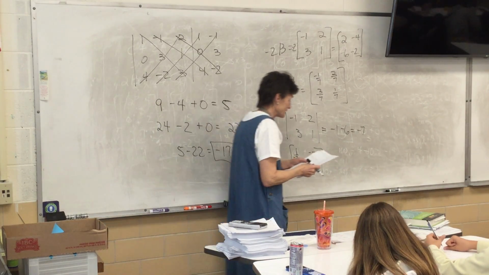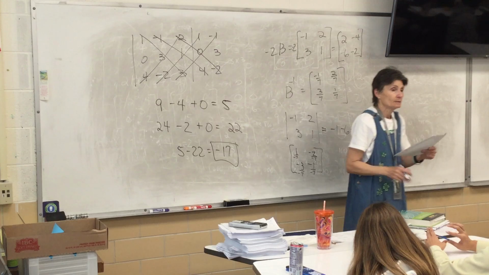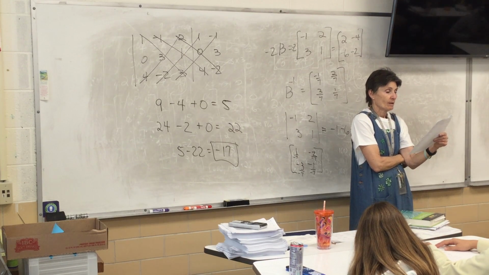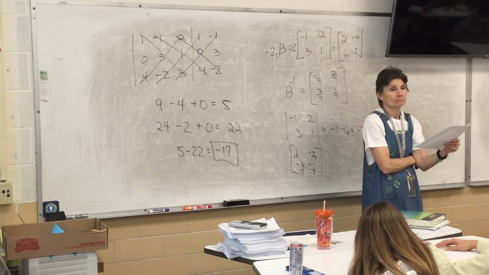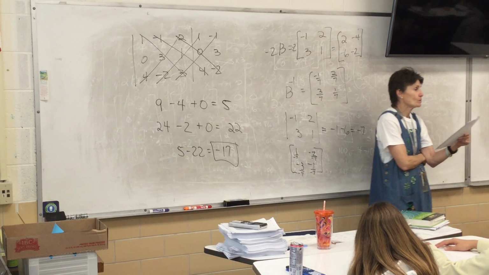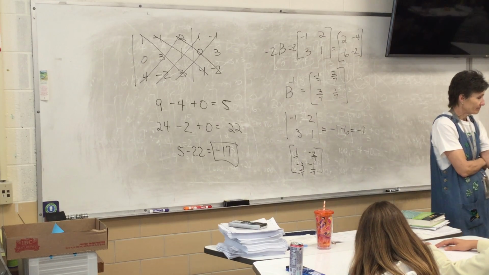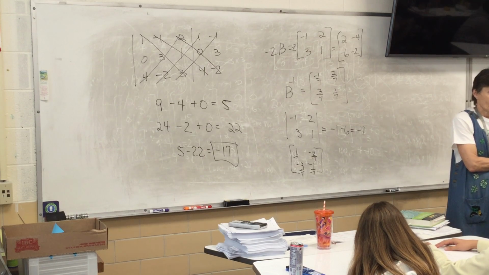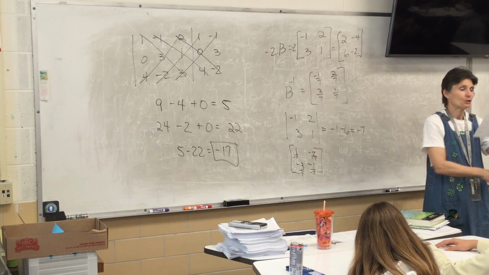Okay? Number 6. Now we've got to answer some questions. Is B a square matrix? No. No, why not? It doesn't have equal rows and columns. Doesn't have the same number of rows as columns. Everybody in agreement? All right, what is B sub 2, 3?